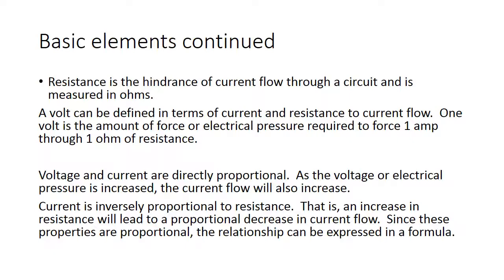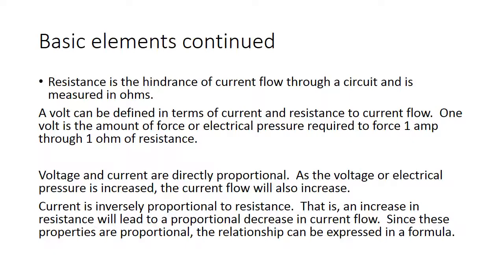All of these properties are related to each other. So we can use, for example, amps and ohms to define what a volt is. It can be said that a volt can be defined in terms of current and resistance. 1 volt is the amount of force or electrical pressure that's required to force 1 amp of current to flow through 1 ohm of resistance.